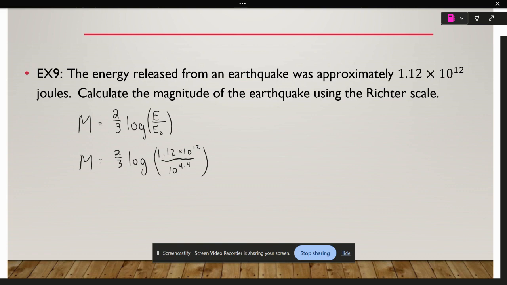All right, so calculating this out, I'm not exactly sure how far they want us to go out. I'm just going to say that this is your magnitude. Your magnitude is going to be 5.099.